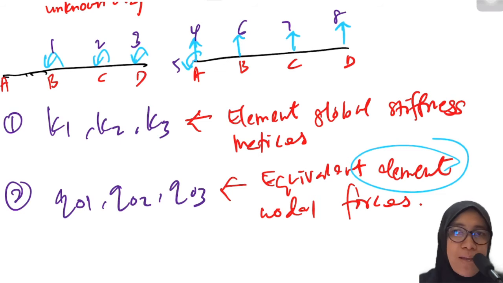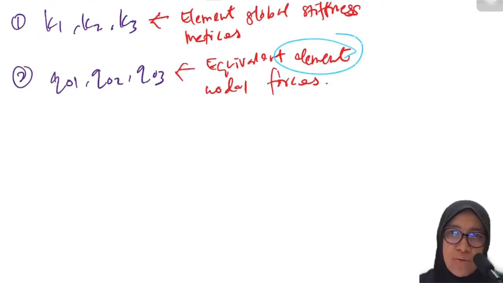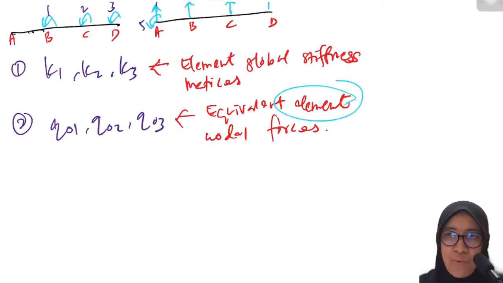So these two steps are very important. Just use the formula. For Q naught 1, Q naught 2, Q naught 3, we need to refer to the formula in appendix page 3. In appendix page 3, I have explained in the previous video how to get the values of Q naught 1, Q naught 2, and Q naught 3.